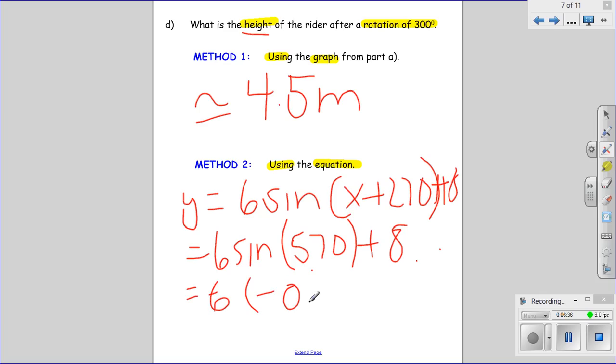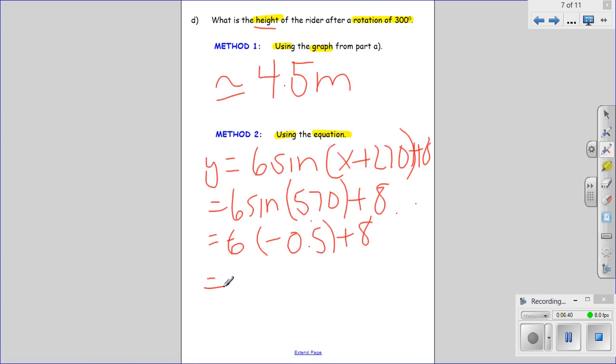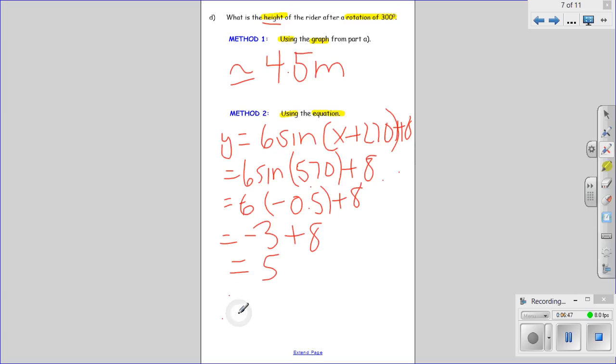So 6 times negative 0.5 plus 8. And 6 times negative a half is negative 3 plus 8. And it's really actually at a height of 5 meters. And we needed the therefore statement as well for this.